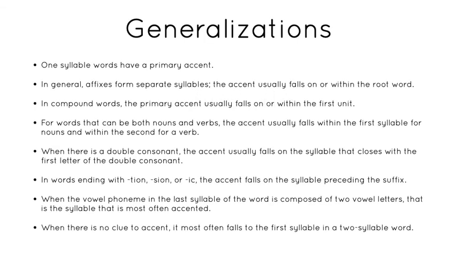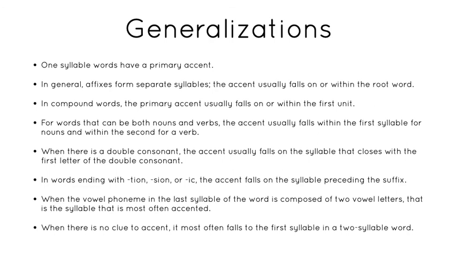So in this video, we talked about generalizations around deciding accents in syllables, which syllables are accented and which ones are not. One-syllable words have a primary accent that's just assumed. We may not see that mark in a dictionary.